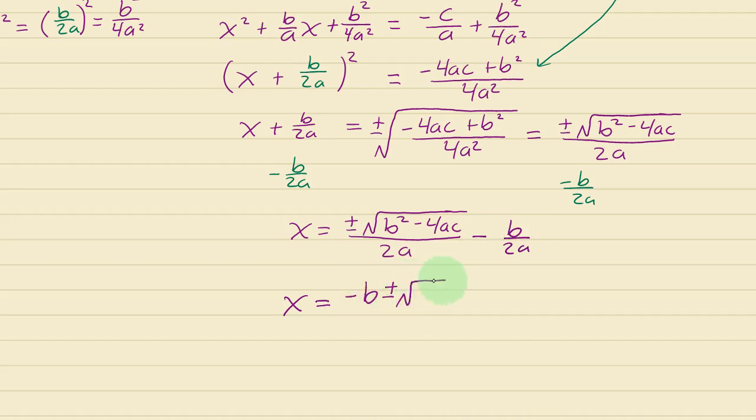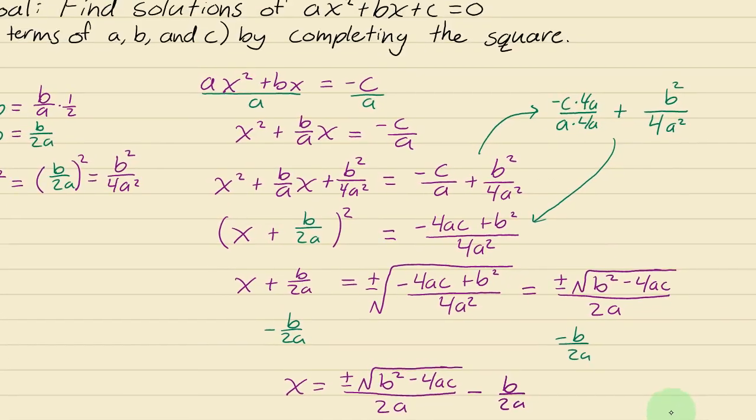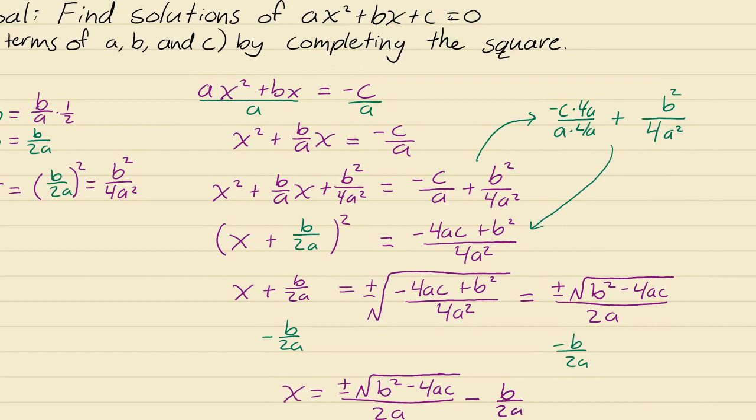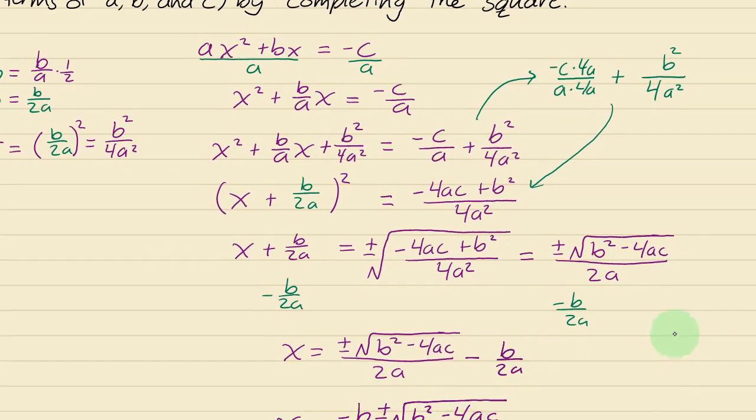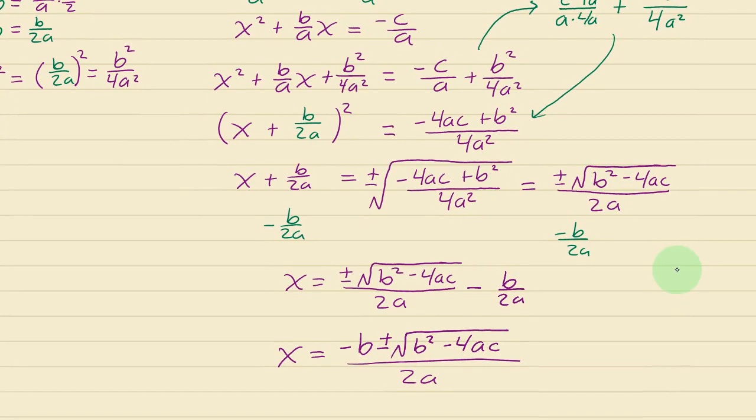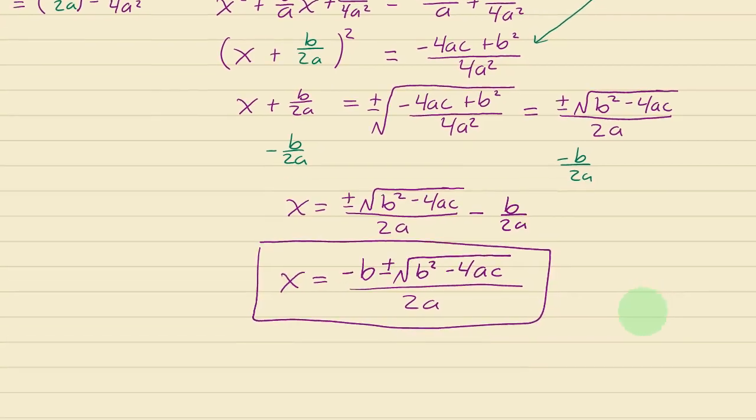Plus or minus the square root of b squared minus 4ac all over 2a. All right, so that is the solution of our original equation, ax squared plus bx plus c equals 0. And we got it by just completing the square and dealing with all the messy fractions that you end up with along the way.